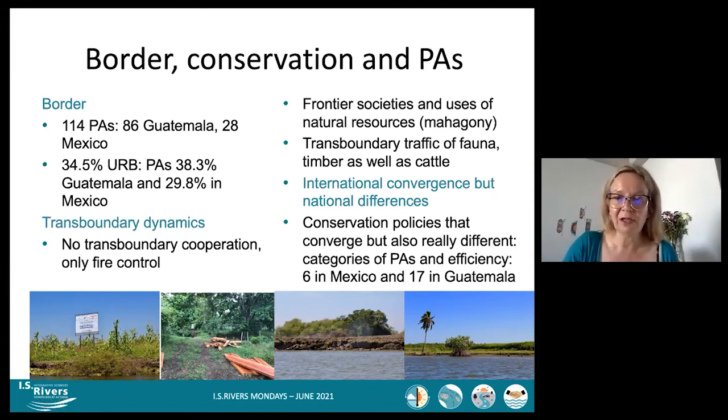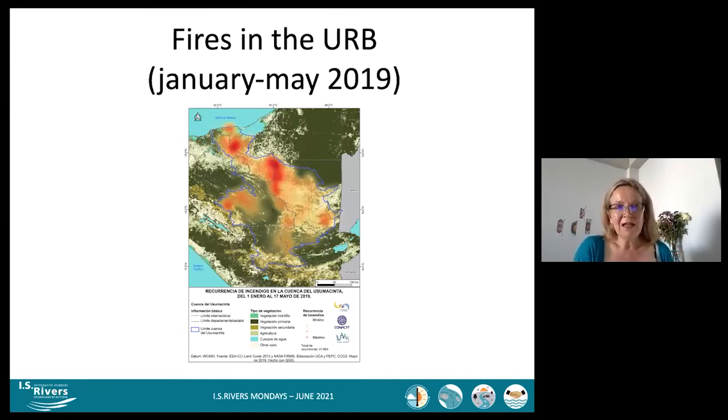On another part of the river basin, we see a tractor and a protected area. And in the Campeche area, we see in a protected area there's a part of a tree that remains from the mangrove.